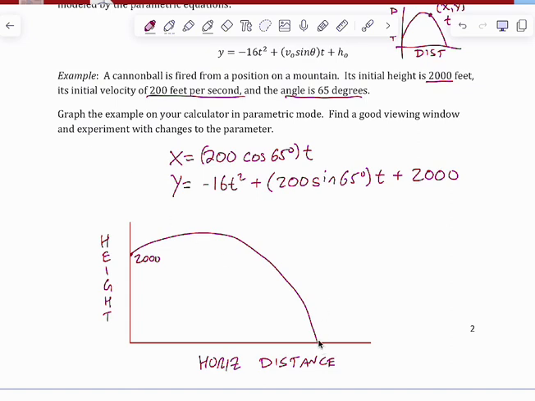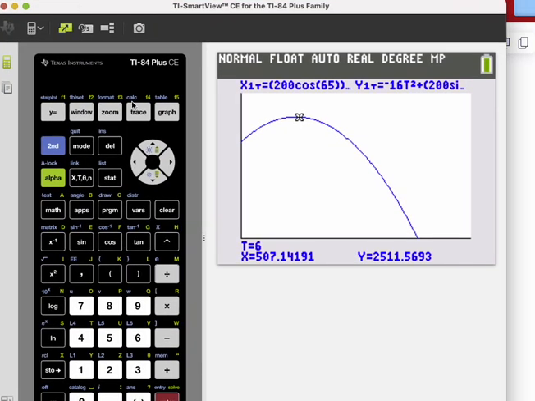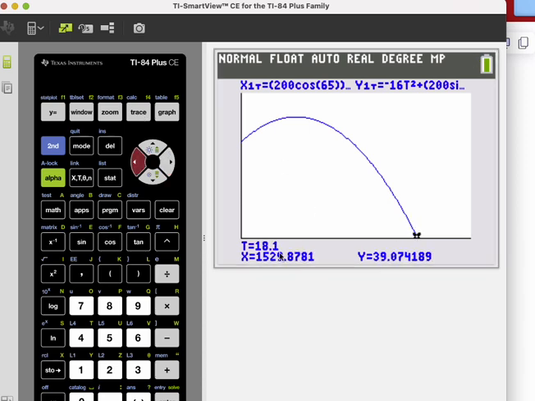It's just that finding out where it lands, the calculator doesn't do a great job of. So that's one fault of the calculator: you'd have to trace and estimate because it doesn't have a zero function. And our 20 was a really good estimate.